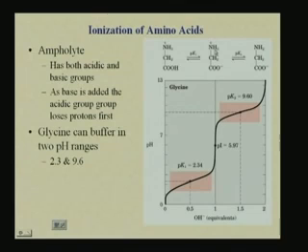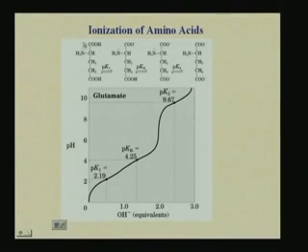But now the fun begins when we don't have H2 here. Suppose I have something else, okay? Suppose I have glutamate. What does glutamate have now? It has an additional COOH to it. So, what do I have at low pH now? At low pH, look at this species. This is the side chain.